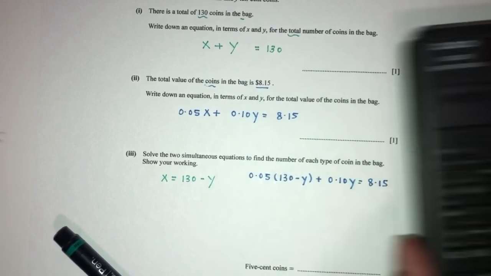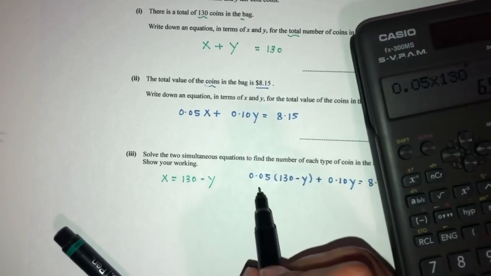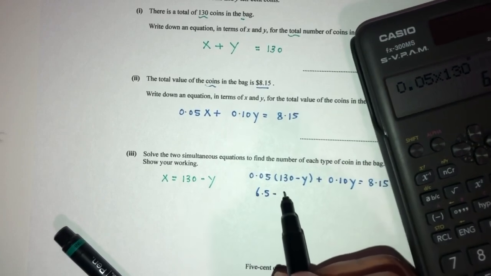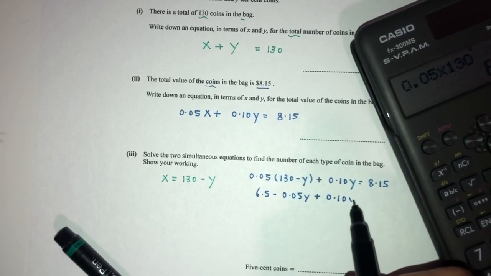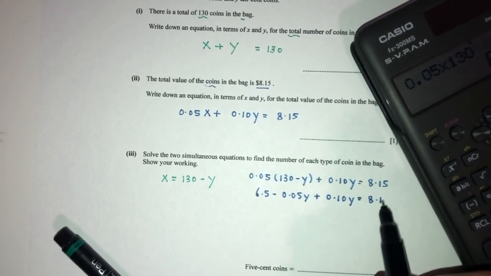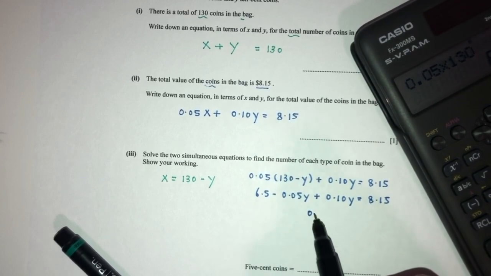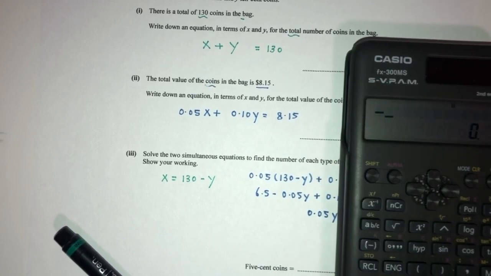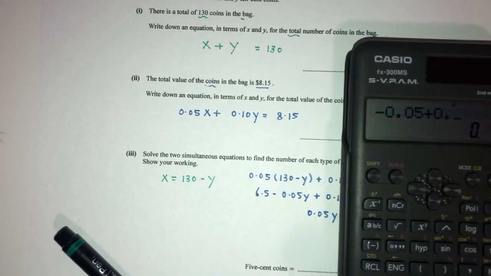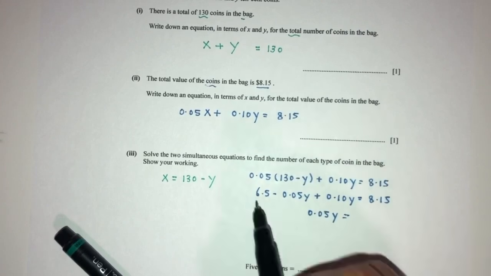So simplify. 0.05 times 130 will be 6.5. 6.5 minus 0.05y plus 0.10y equal to 8.15. So minus this plus this will become plus 0.05y. We can always check: minus 0.05 plus 0.1, as you can see, is 0.05. We'll send this over here, right?